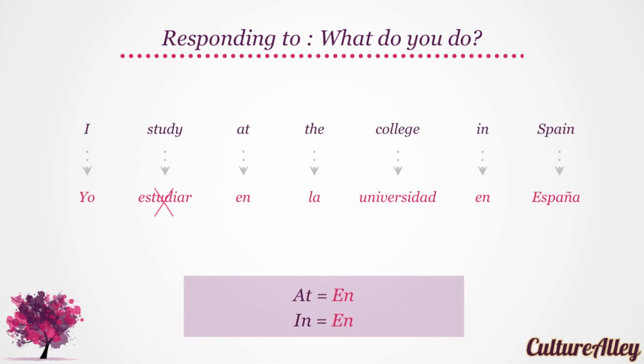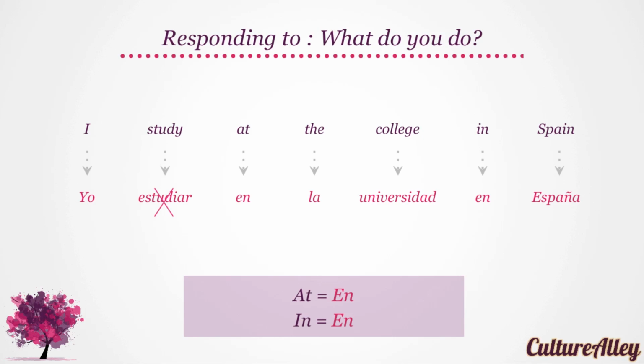Looking at it word by word, I translates to yo. Study becomes estudiar, but in this sentence it cannot be used as it is. At translates to en. The is la. College becomes universidad. Say that, please. Universidad.